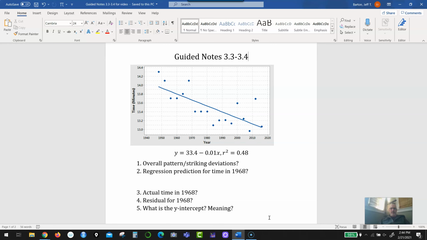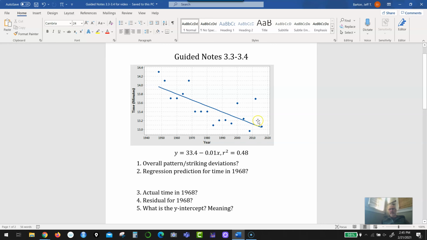All right, so the first one is, what's the overall pattern, and are there any striking deviations from the pattern? The pattern seems to be that as the years go on, the time for the men's 5,000 meters tends to decrease. There seems to be a linear negative association because the line is negatively sloped, and the dots go down as you move to the right. It's not particularly strong, so I would say maybe a moderate linear negative association.